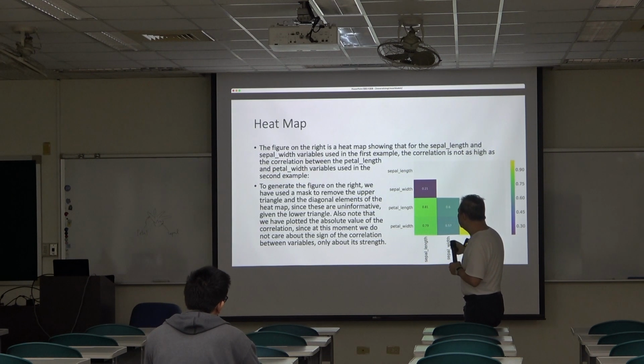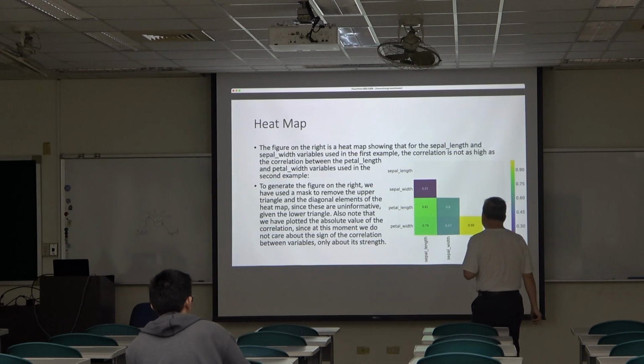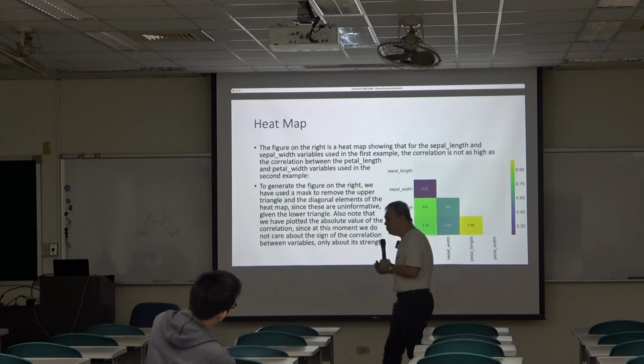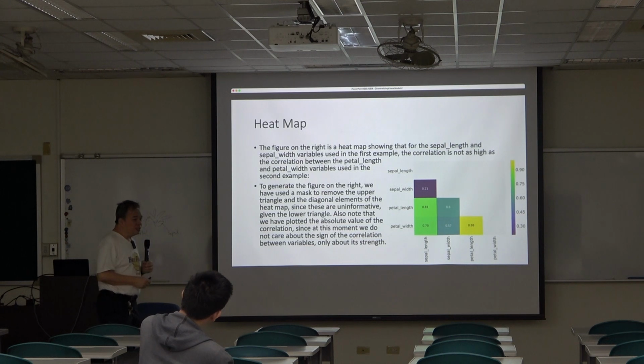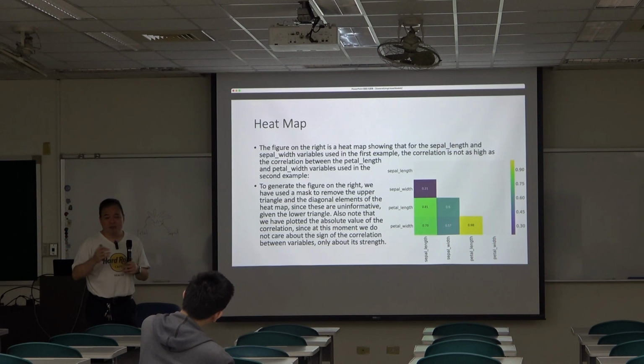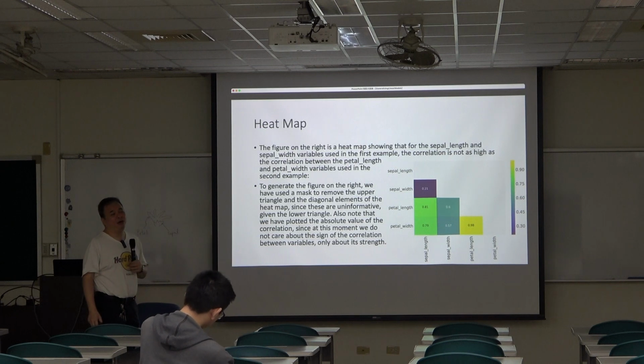The figure on the right is a heat map. This heat map shows the correlation between different features. Here we only output the absolute value of the correlation. Correlation can range from -1 to +1, but the way we draw this heat map, we only output the absolute value, because after all we only care about how big the correlation is.